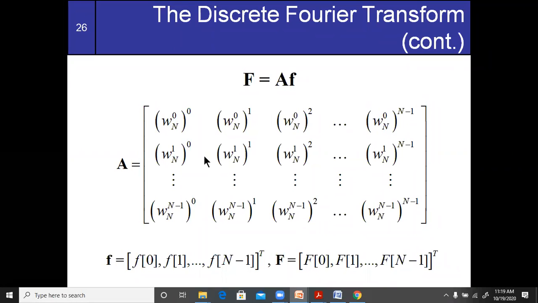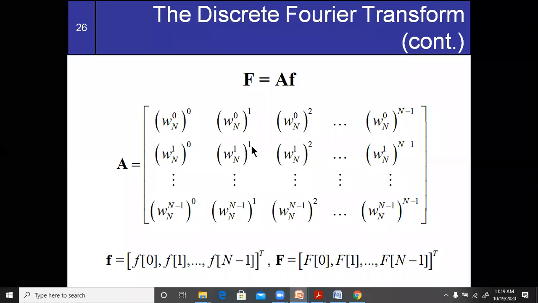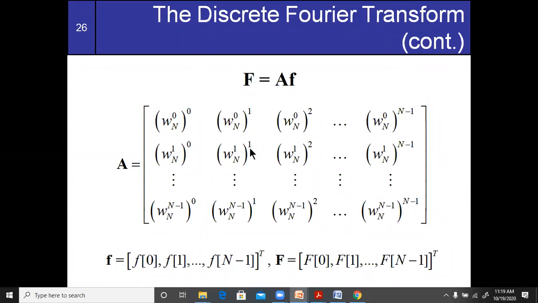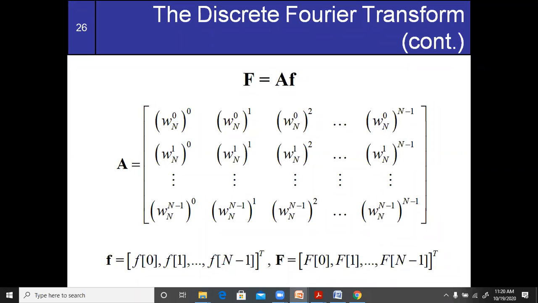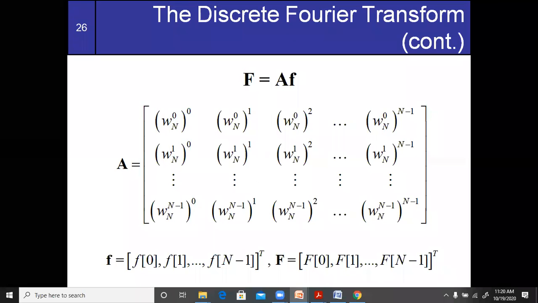So this will be W_N to the power 1, that is W_4 to the power 1. So that will be e to the power of minus j 2 pi by 4. 2 pi by 4 will be pi by 2, and pi by 2 is nothing but 90 degrees.